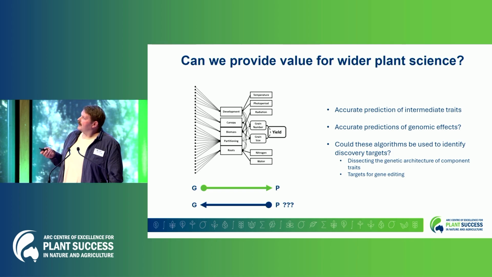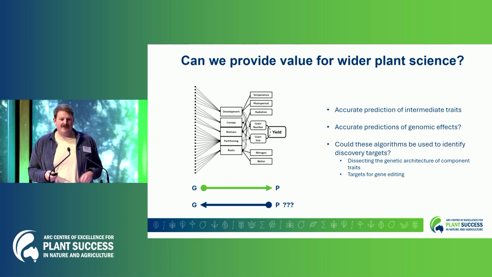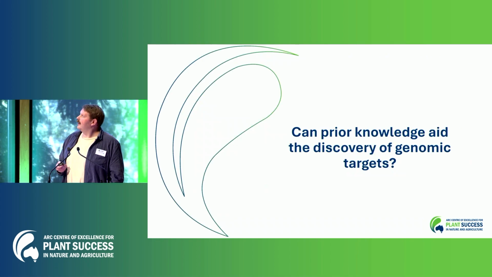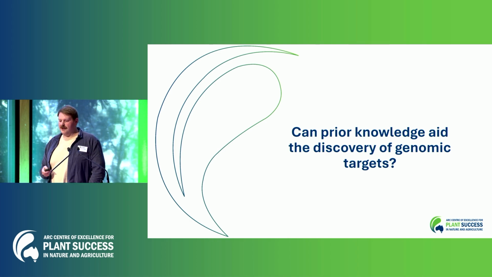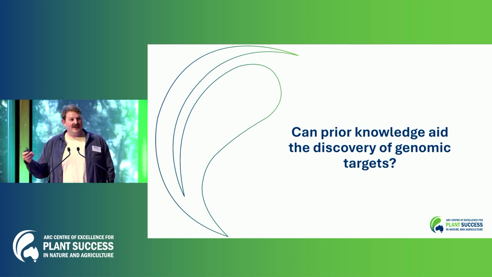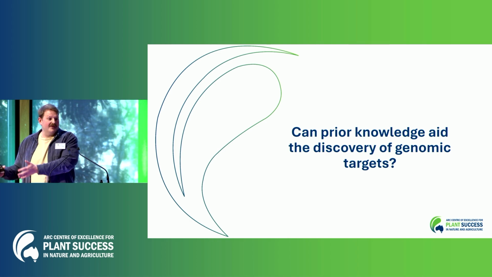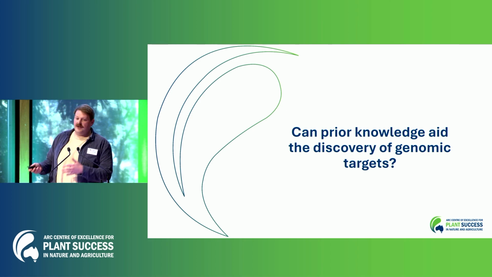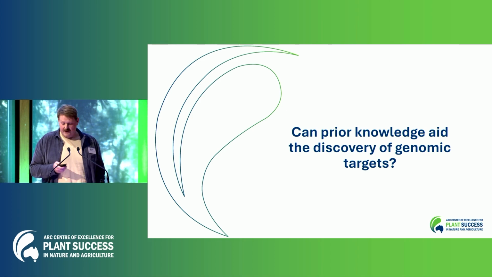Because we have this modeling capability from genes to the trait, there's nothing that stops us using the same information as a GWAS. So a secondary question: could we use this same framework, which is derived from the interests of breeders, to help learn more about the biology that we're testing in other areas of plant science?